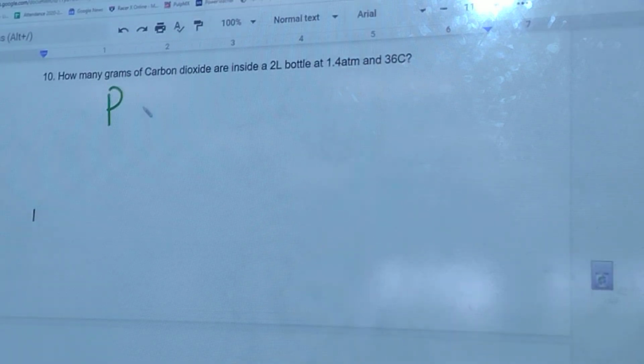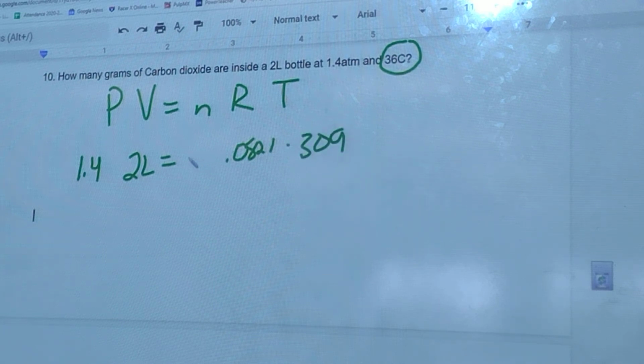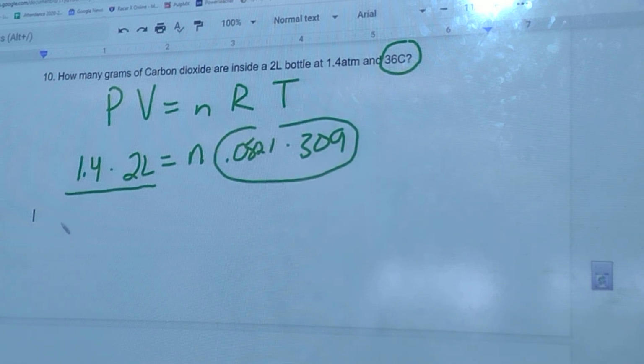Now we have to solve for moles first. 2-liter bottle, 2 liters, 1.4 atmospheres, again 0.0821, 36 Celsius is 309. How many moles? All right, we're going to take these two, we're going to put them down here using the wizardry of 8th grade Algebra 1.